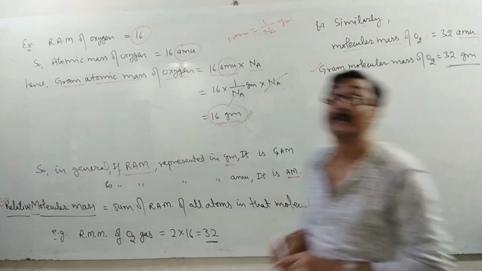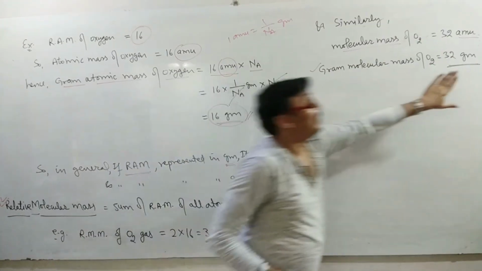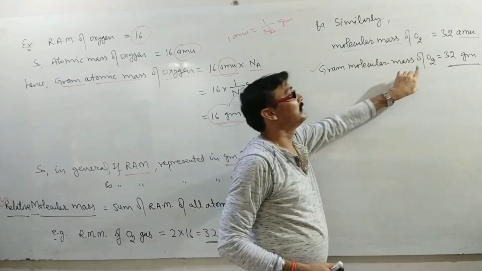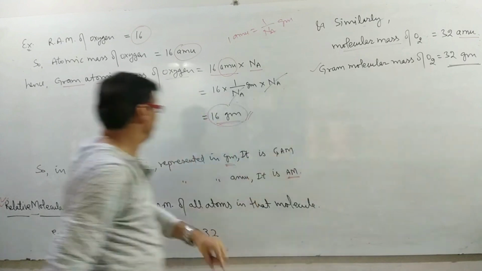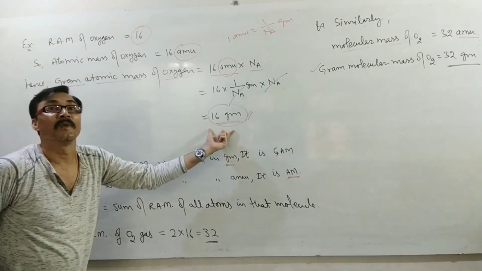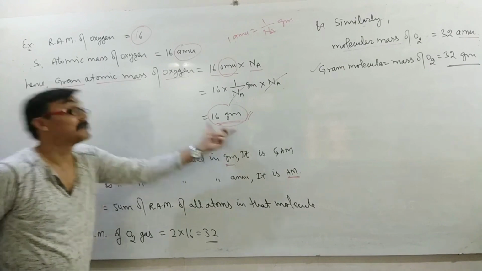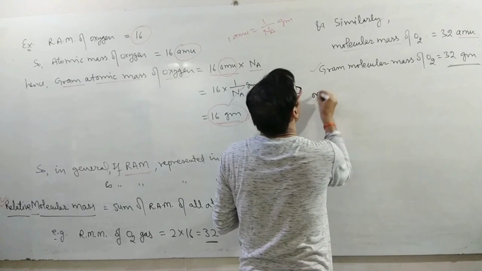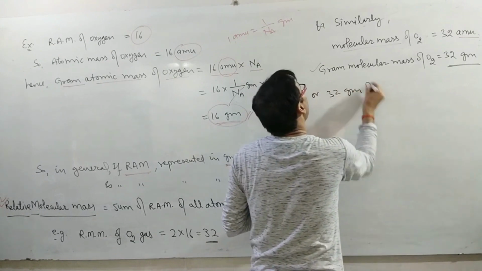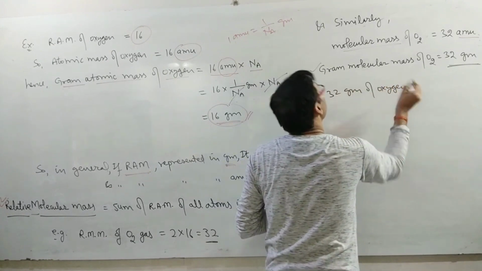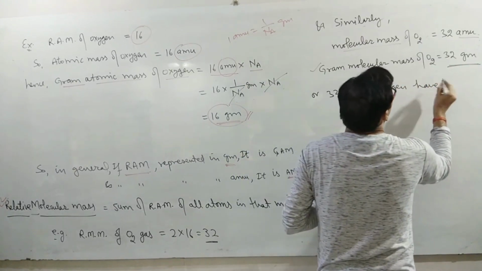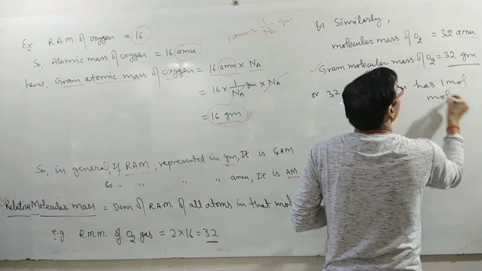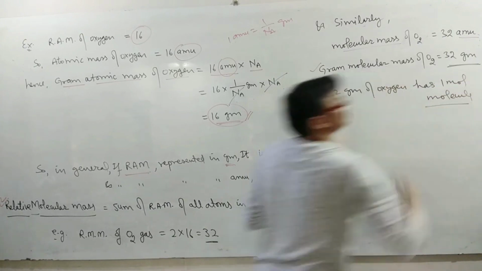So it is clear, 32 gram of oxygen contains 1 mole oxygen molecules and 16 gram of oxygen contains 1 mole atoms. So 32 gram of oxygen has 1 mole molecules.